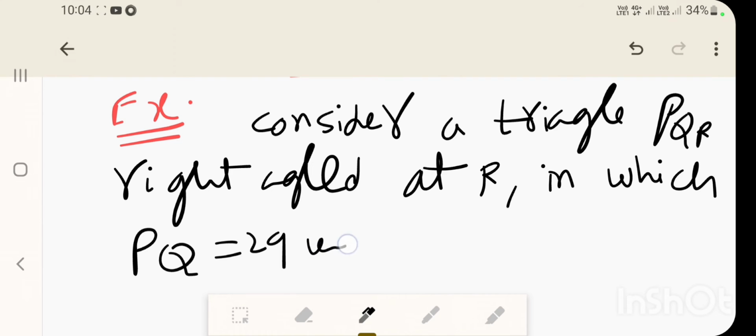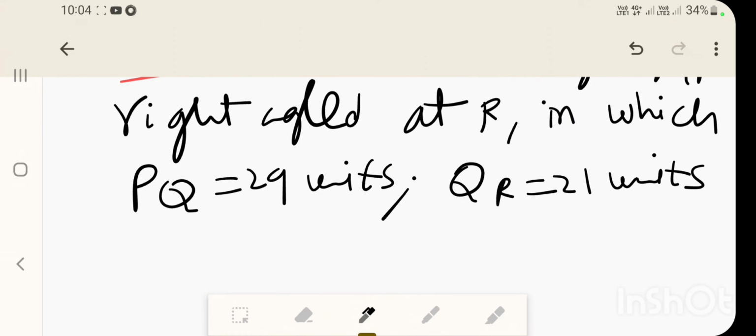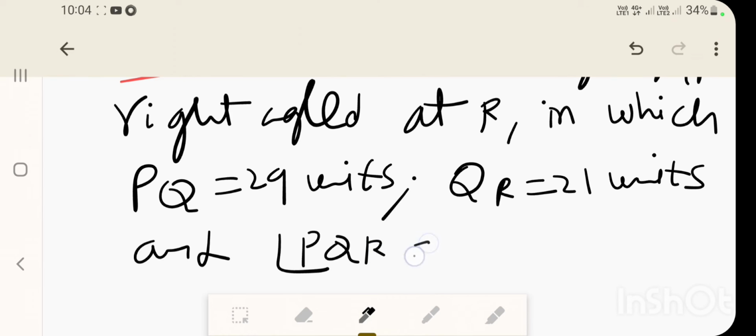The units can be centimeters or millimeters, and QR is given as 21 units. They have given that angle PQR is equal to theta.